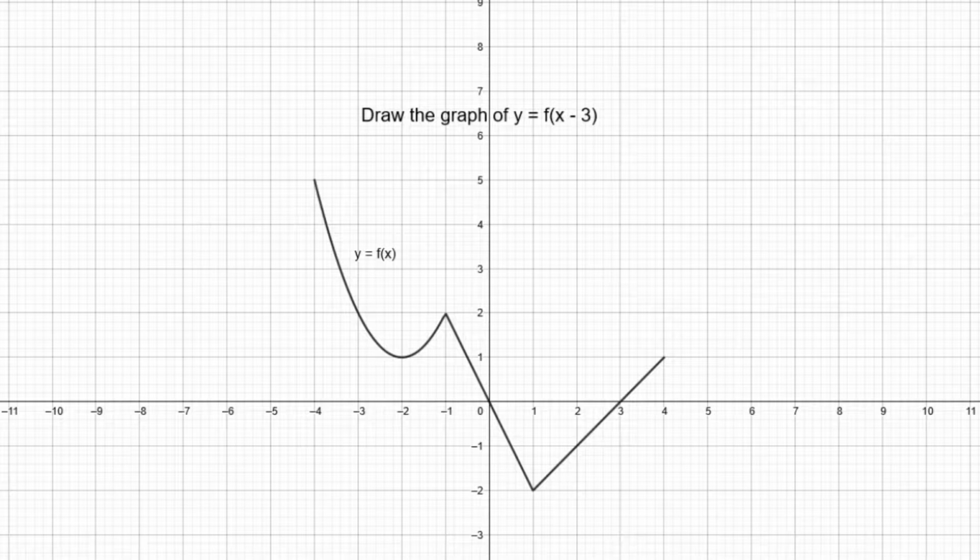So let's see if we can see where to draw some of the points on our new curve. Our original curve starts at a value of x of -4. Can we work out what the value of y would be on our new curve? We would have to know what f of -4 minus 3 is. Or, -4 minus 3 is -7. What was f of -7?